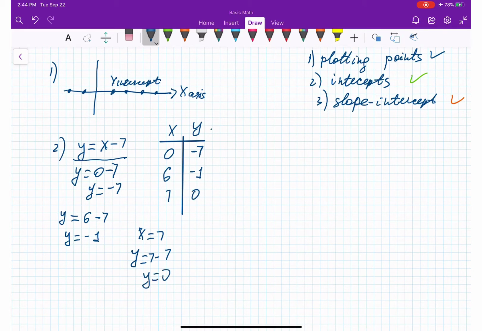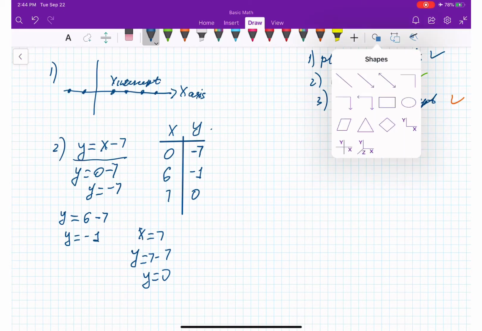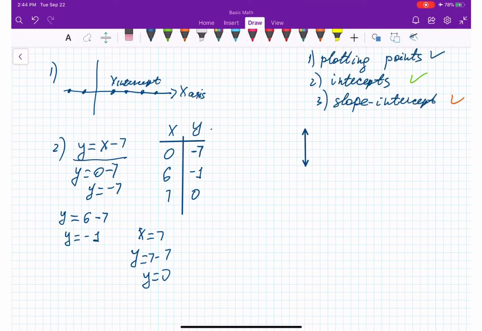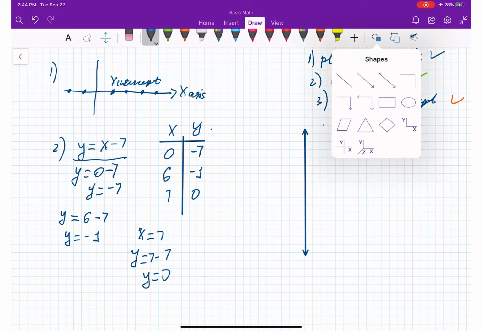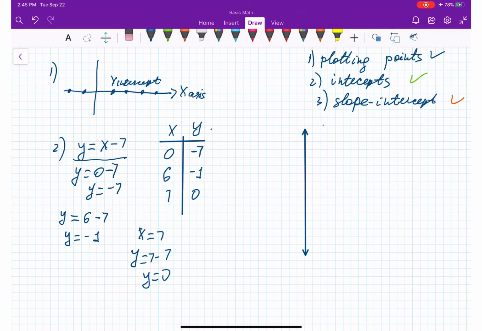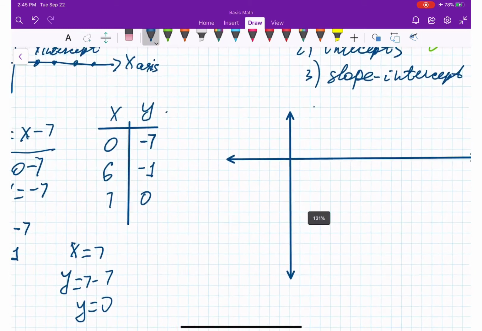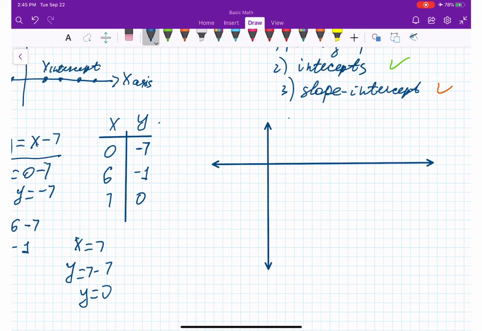Okay. Now by these points, we are going to build the graph. So we need x till 7: 1, 2, 3, 4, 5, 6, 7.